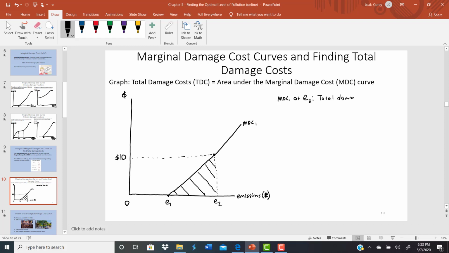Our total damage cost is represented by area A. So with that in mind, just remember that the cost of one more emission is $10. That's the other thing that this graph is telling us.